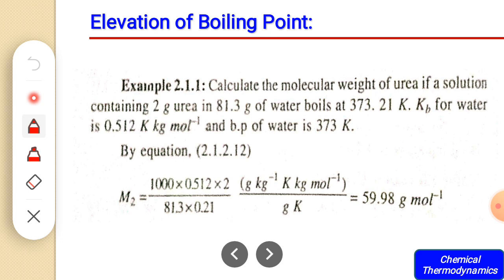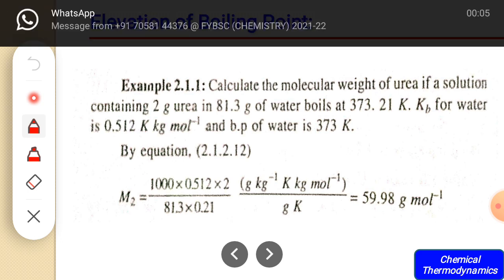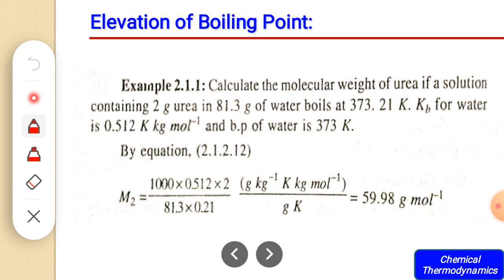The Kb for water is given as 0.512 Kelvin kg per mole, and the boiling point of water is also provided, 373. Dear friends, this is the value of T0, because this is the boiling point of the pure solvent.